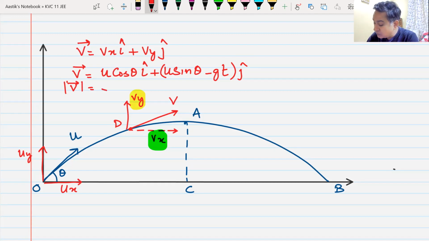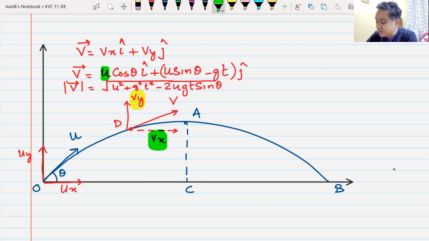Now, if you do the whole square, you will get one term of u square cos square theta and u square sin square theta, that will become equal to 1. So this will be the final result that you will get: u square plus g square t square minus 2 u g t sin theta.